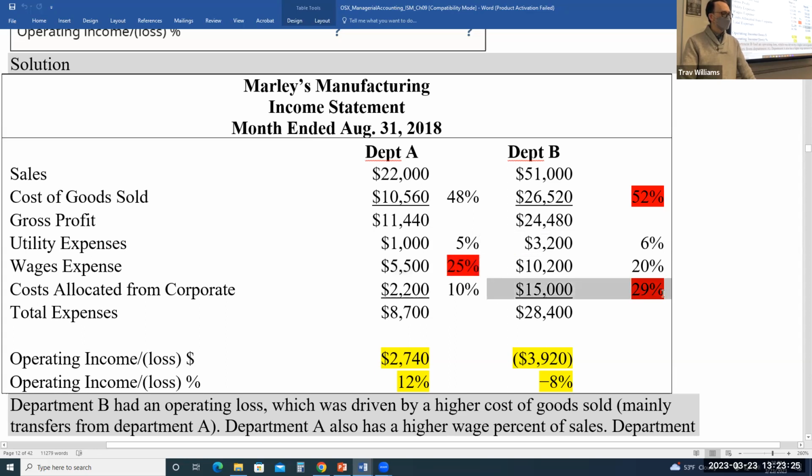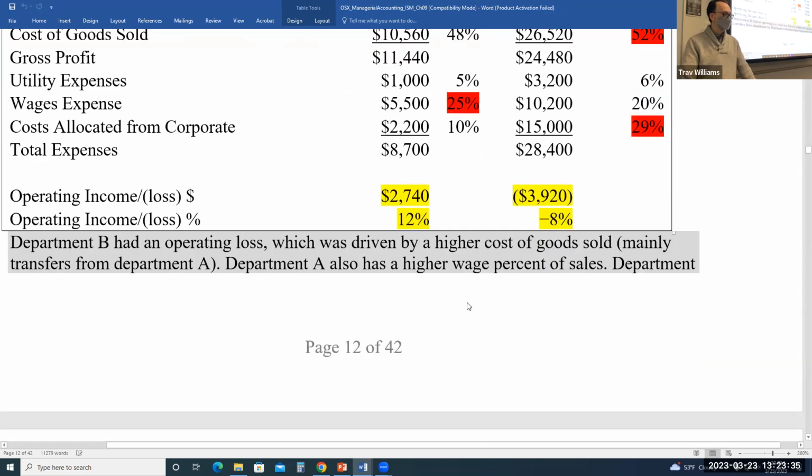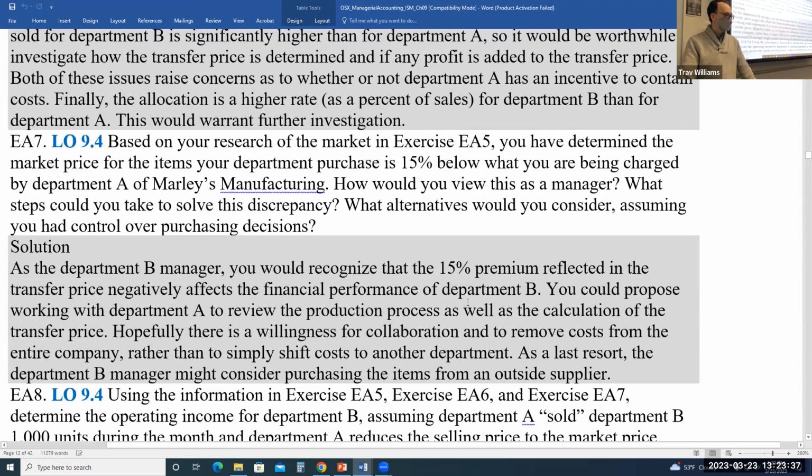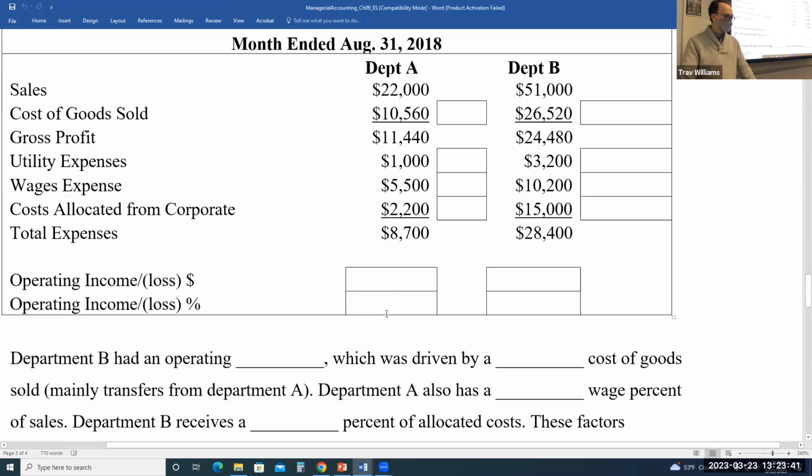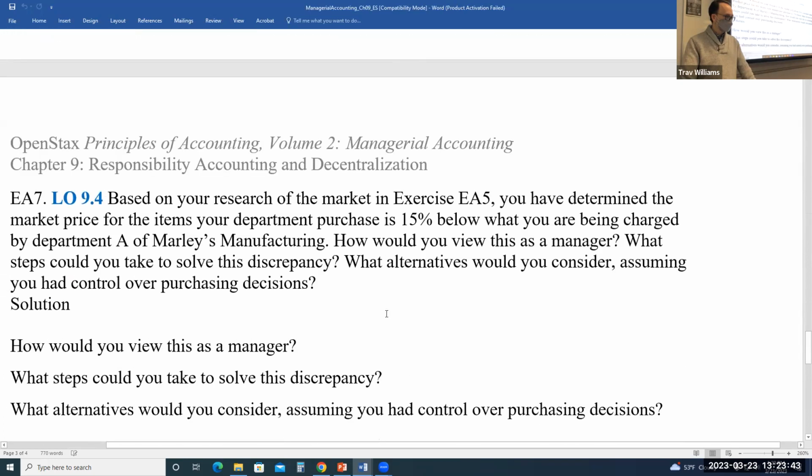We also noticed that, remember, these costs allocated from corporate have a significant impact on Department B, right? So, okay, so then we already did 6.